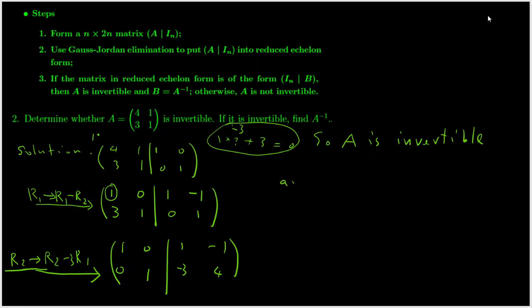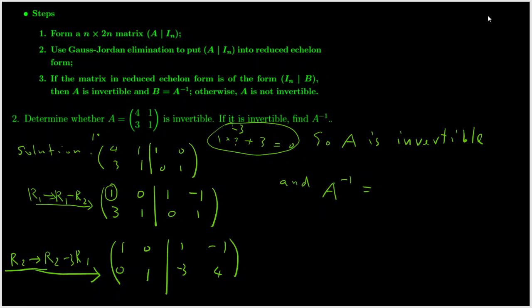And if A is invertible, the next question is naturally getting the inverse of matrix A, right? If A is invertible, it means there's an inverse. Matrix A has an inverse. Actually, it can be proved the inverse is unique.